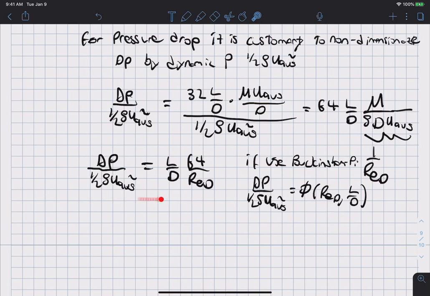And by solving that exactly, we come up with that delta P over that parameter is equal to a function of L over D and the Reynolds number. So that's actually born out of the analysis.